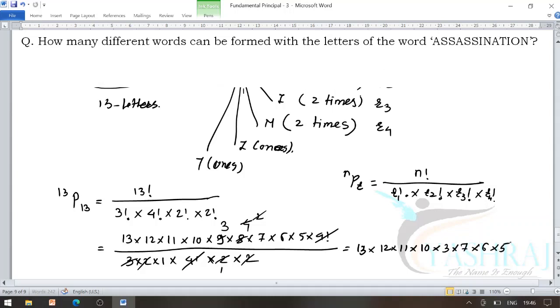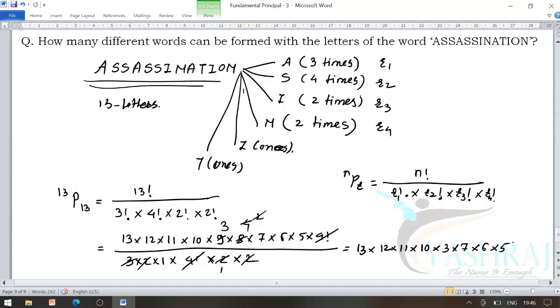So if we multiply 13 into 12 into 11 into 10 into 3 into 7 into 6 into 5, we get a big number. Actually no need to evaluate this step, you may keep that as it is because it is in some crores.